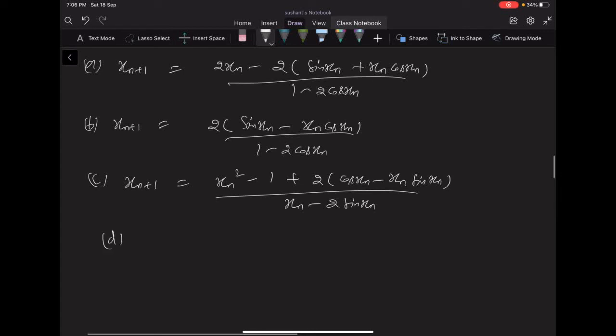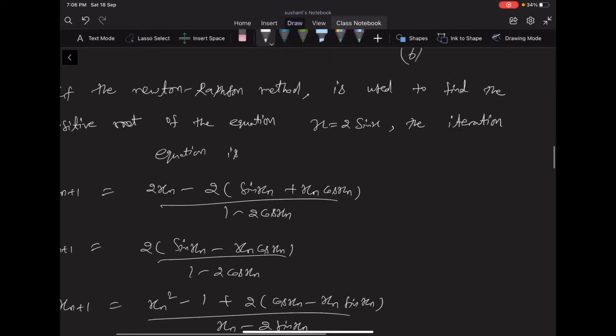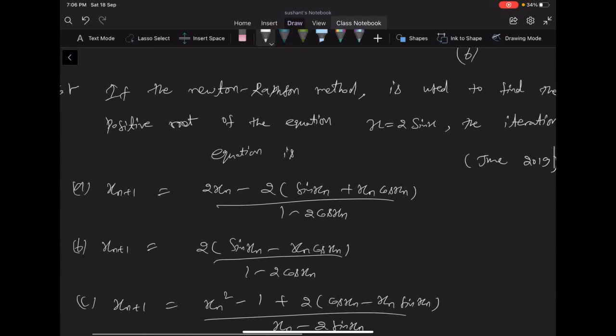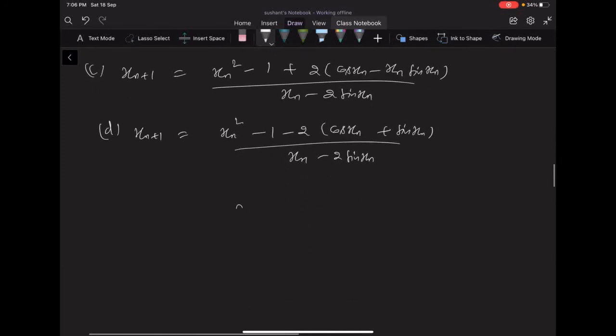And the last option is x(n+1) equals xn square minus 1 minus 2 cos xn plus sin xn upon xn minus 2 sin xn. And this is from June 2019 NET exam. Now the equation is given as x equals 2 sin x.